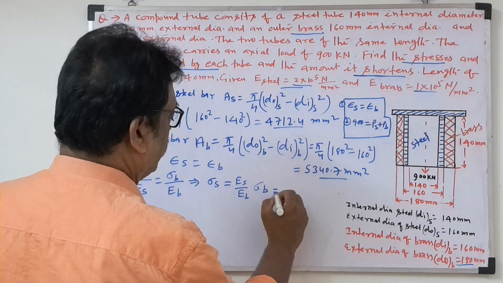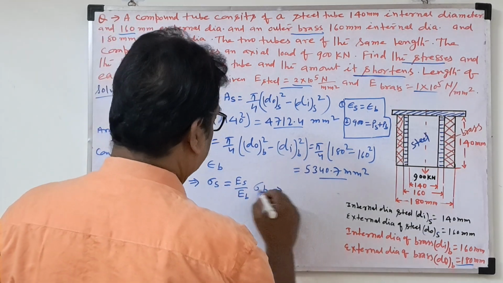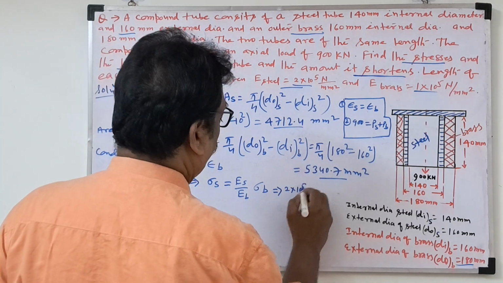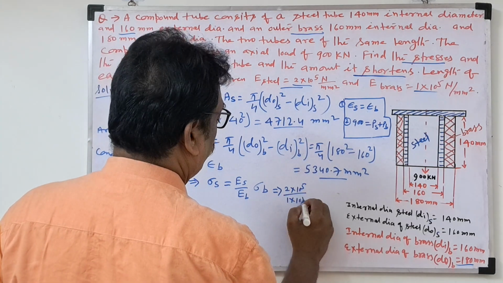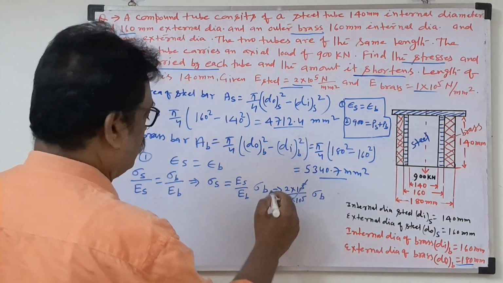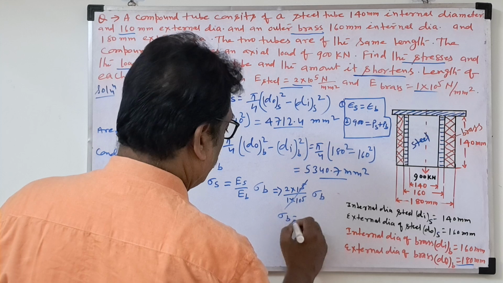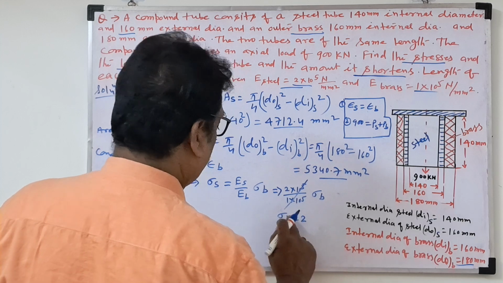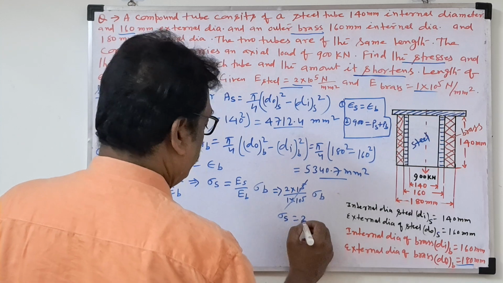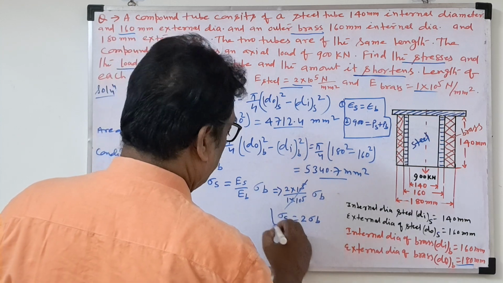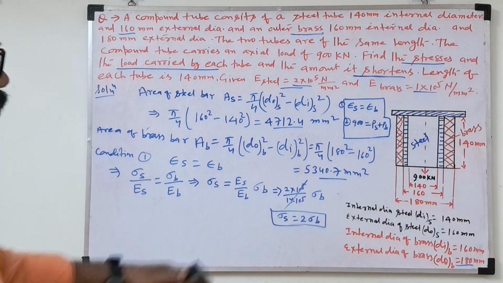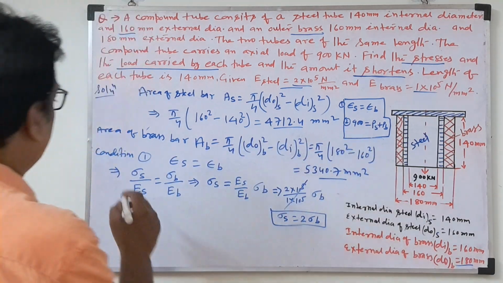Substituting ES as 2 into 10 power 5 and EB as 1 into 10 power 5, the factors cancel, and the relation is that the stress in steel equals 2 into the stress in brass. This is the relation we got here. Now we'll apply the second condition. What is condition 2?